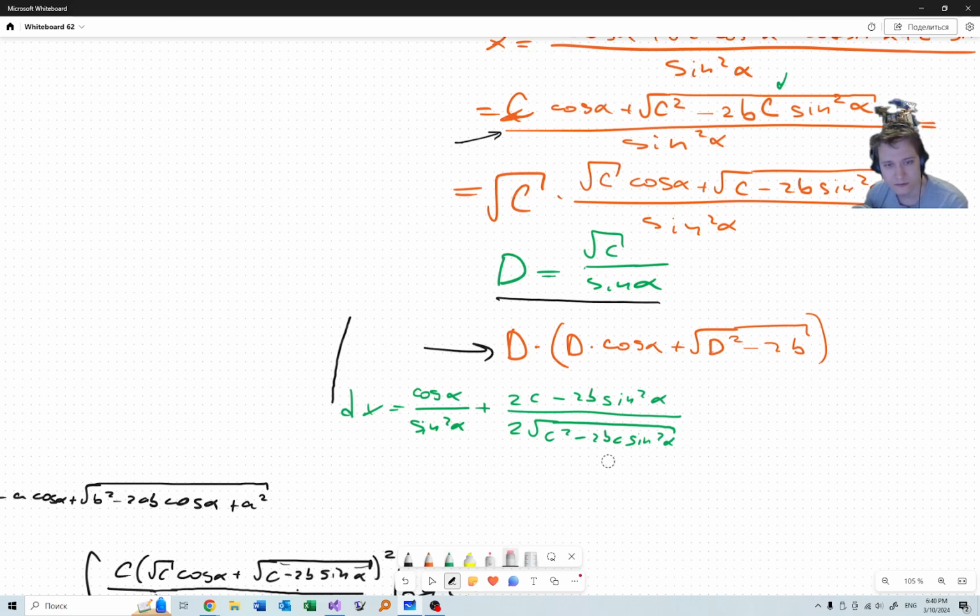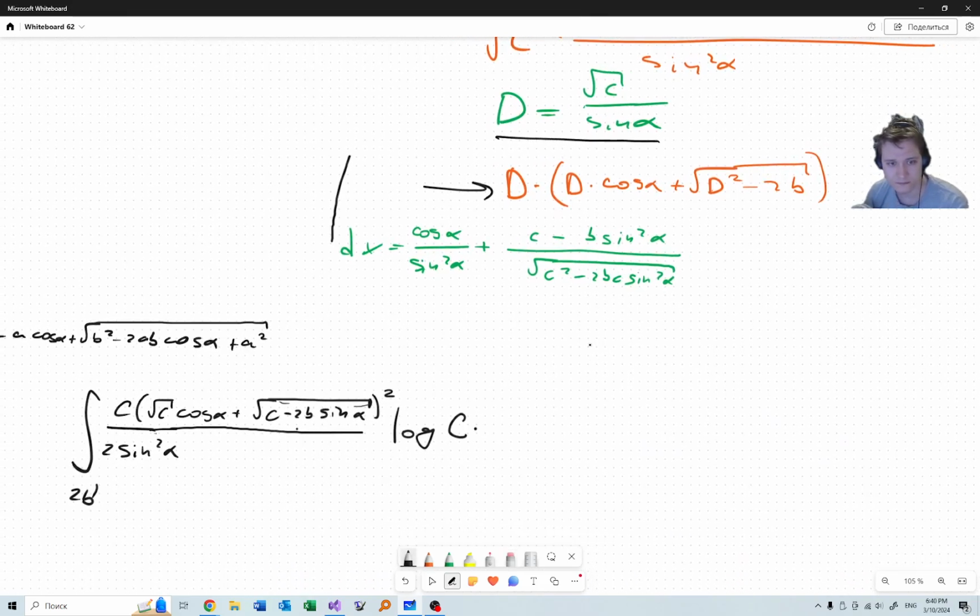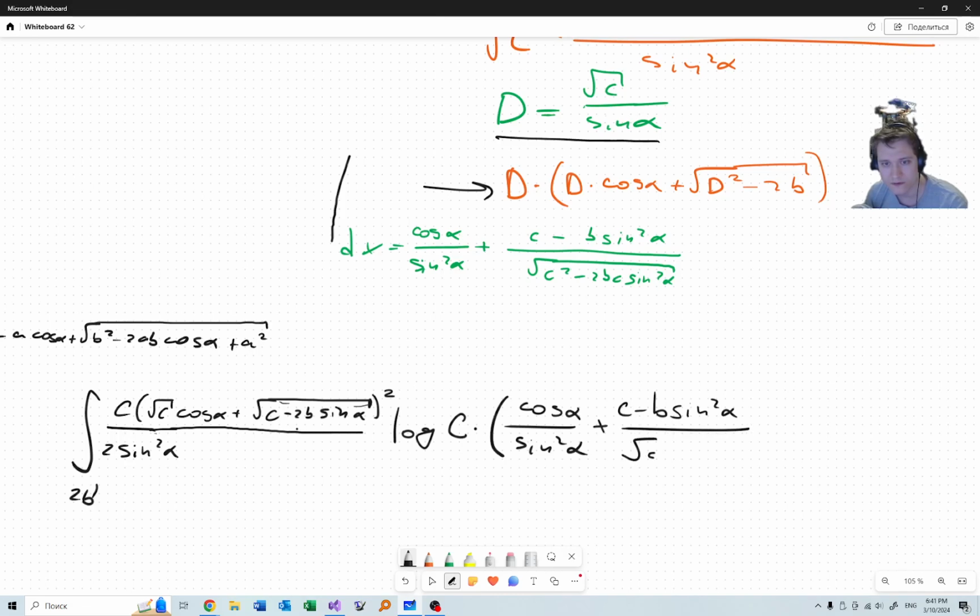Now we can divide it by 2. So here we have cos alpha over sine squared alpha plus c minus b sine squared alpha over the square root of c squared minus 2bc sine squared alpha, dc.